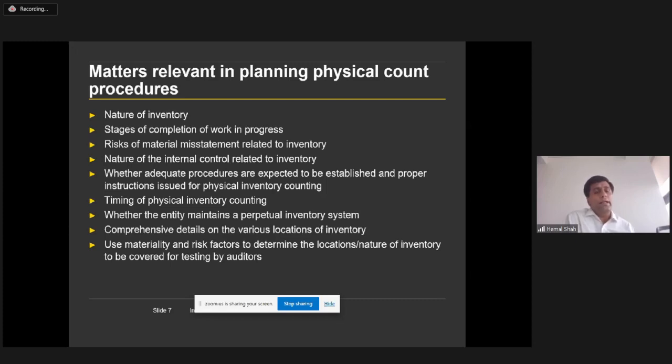At times, the nature of the inventory could be completely different. For example, companies who are into natural resources, say companies into coal mining or cement companies where limestone or coal are significant inventory, and those are just built up in heaps, and it's very difficult to measure the inventory.